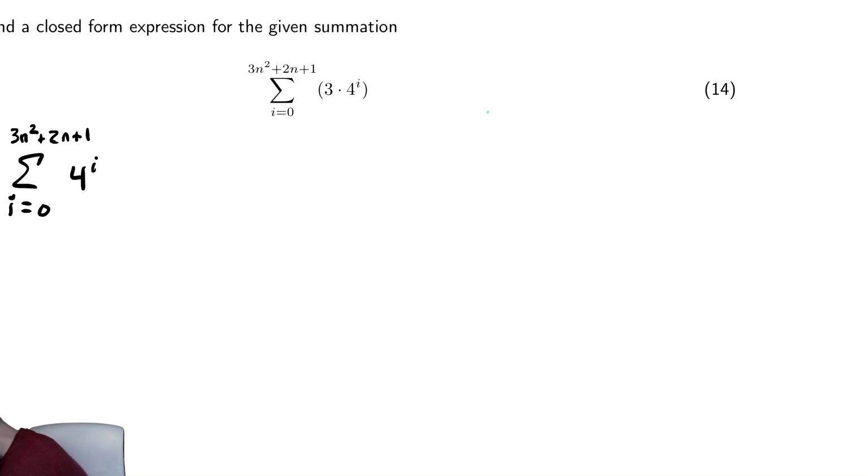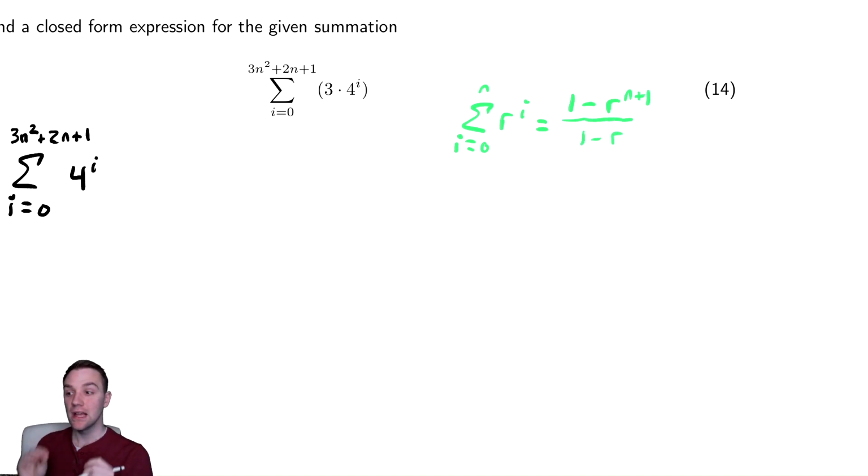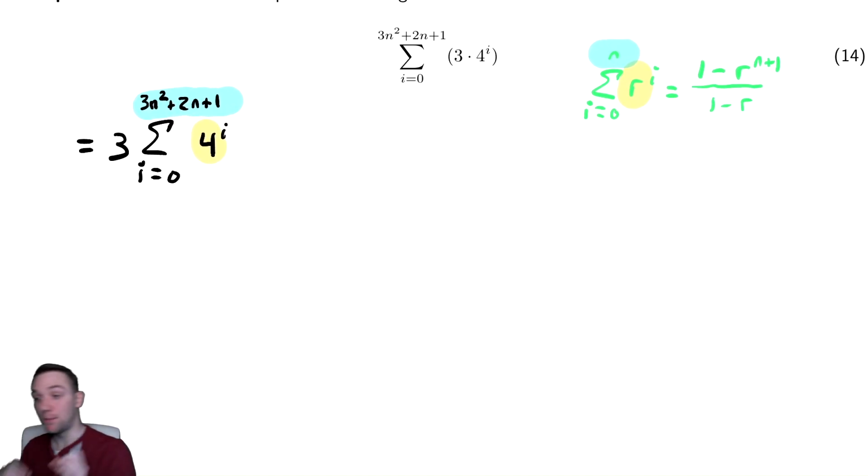We have this formula for a geometric sum, which says if it goes from 0 to n of r to the i, this is equal to (1 minus r to the n plus 1) divided by (1 minus r). And in our case, r is going to be 4, and n is going to be 3n squared plus 2n plus 1. And now we just need to plug in those values into the formula.